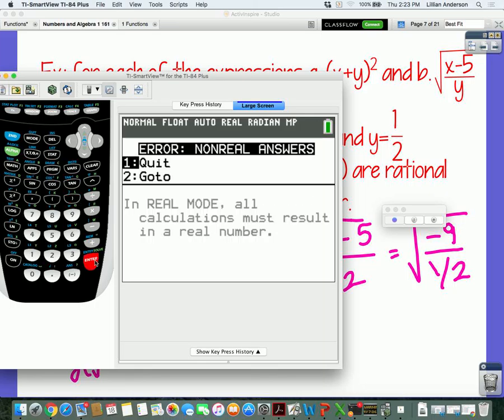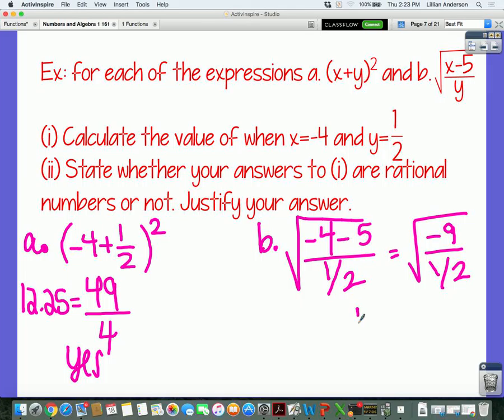And click enter. It gives you an error. Why do you think it's an error? No, you can't divide by a fraction, but what's the real reason? It's a negative under the square root, and you cannot take the square root of a negative number.